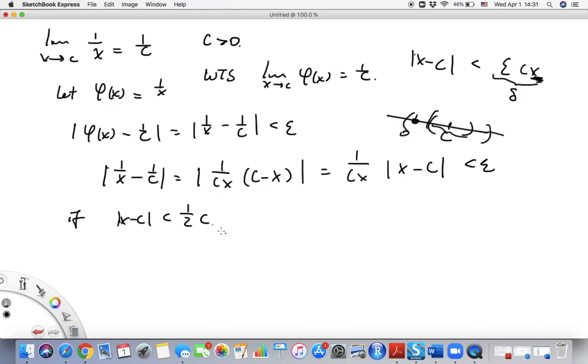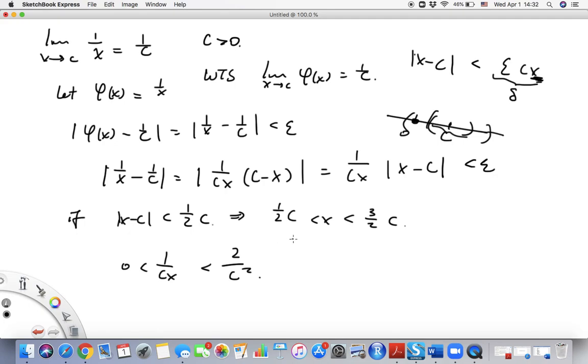So if the absolute value of x minus c is less than 1/2 c, then that implies x is between 1/2 c and 3 over 2 c. So 1 over cx would be less than 2 over c squared.